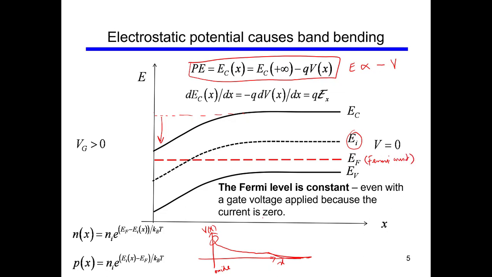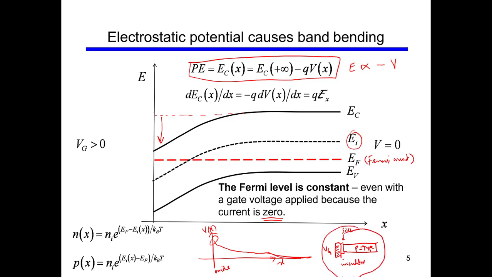Why? Because the current flowing is zero. You only applied a voltage at the gate, but here we have the gate, here we have the silicon dioxide, and then we have here a p-type region. So even if you apply a voltage to this gate, you cannot make current flow in the p-type semiconductor because of this insulator.